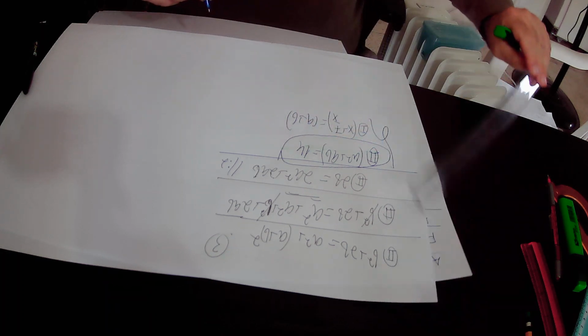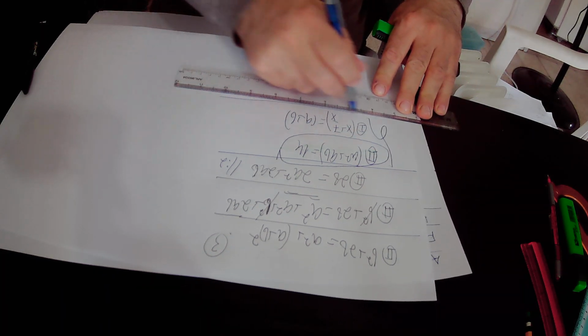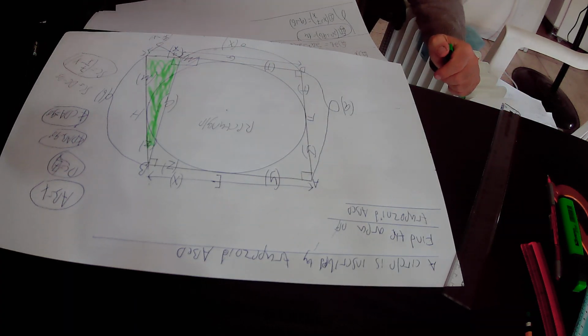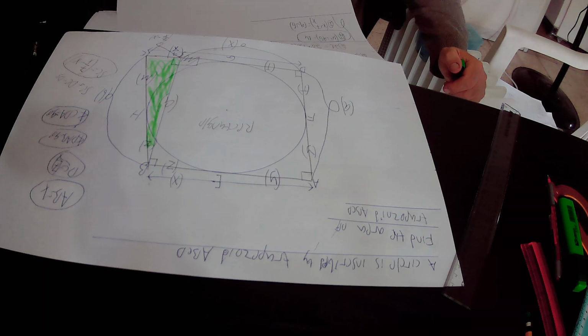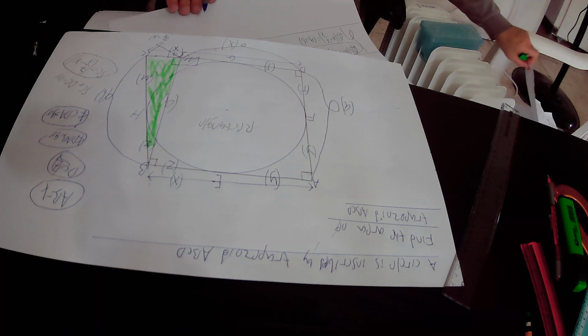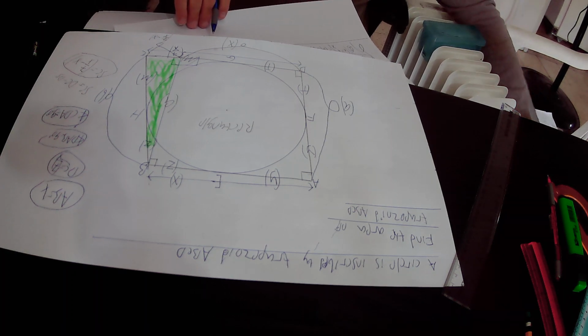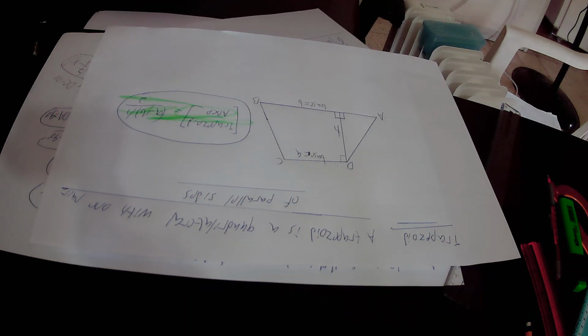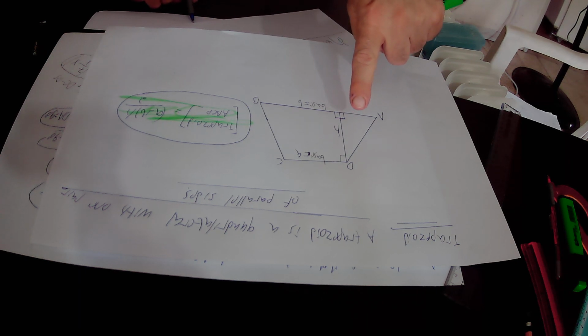So in the next step, we'll find out the area of this trapezoid ABCD. According to the formula that I presented to you in the beginning of the lecture, the area of this trapezoid ABCD equals a plus b, that is the sum of the parallel bases, times h, that is the height, over 2.